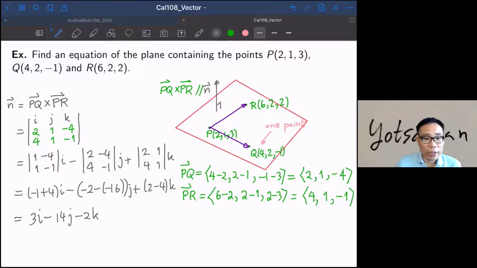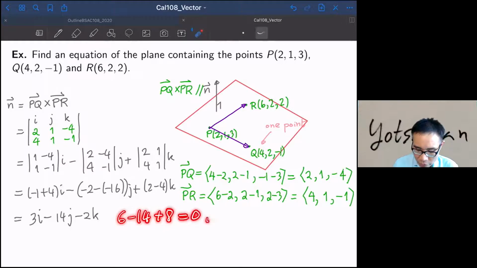So you need to check whether you get the correct cross product. It's going to be 3 times 2, which is 6, negative 14 times 1, which is negative 14. So it's going to be 6 minus 14 plus 8 equal to 0. Okay, so it's correct.